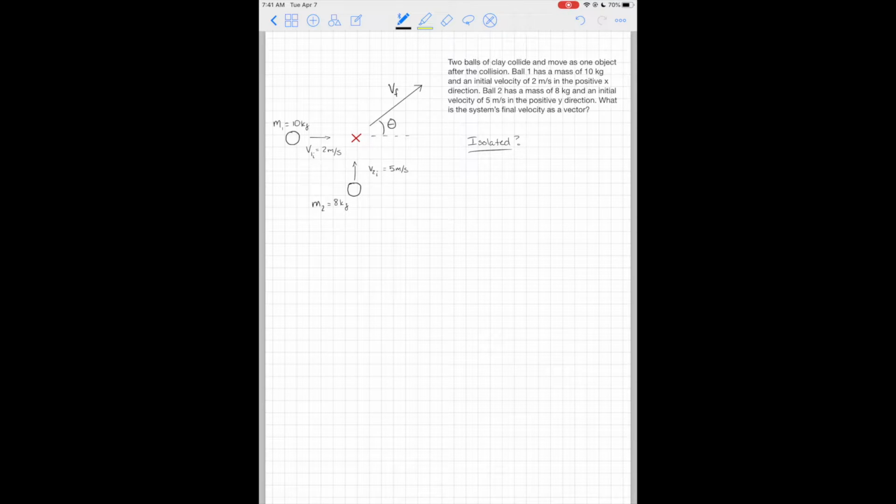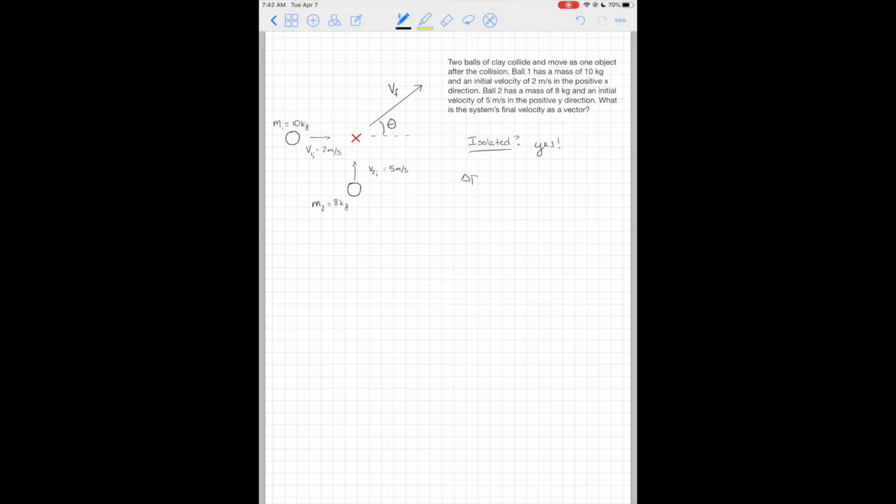Things like this that are part of a larger, more complicated system. That is indicative of a non-isolated situation. But here, all we have are two balls of clay colliding and moving as one. So it is isolated. Yes, indeed it is.